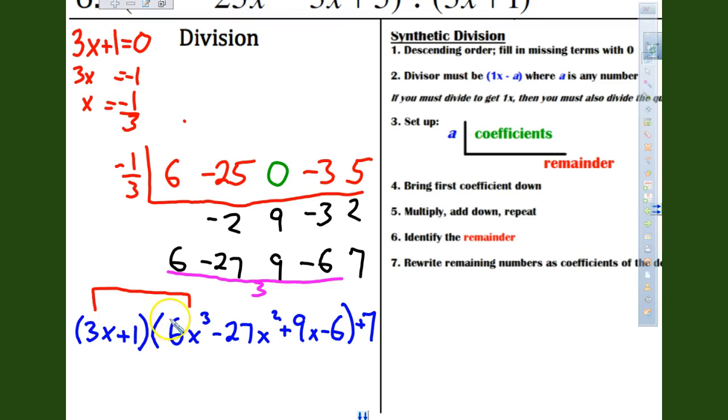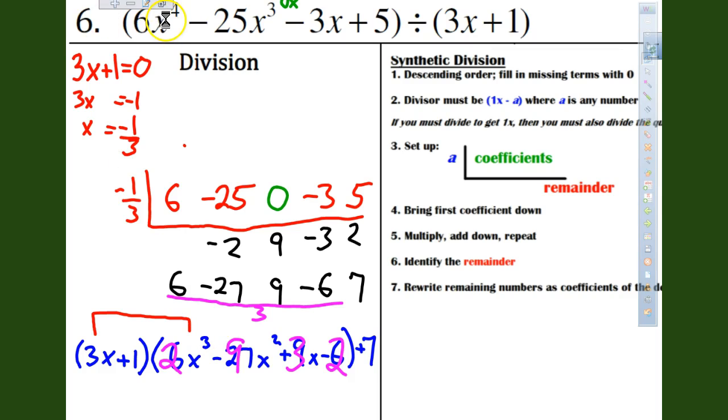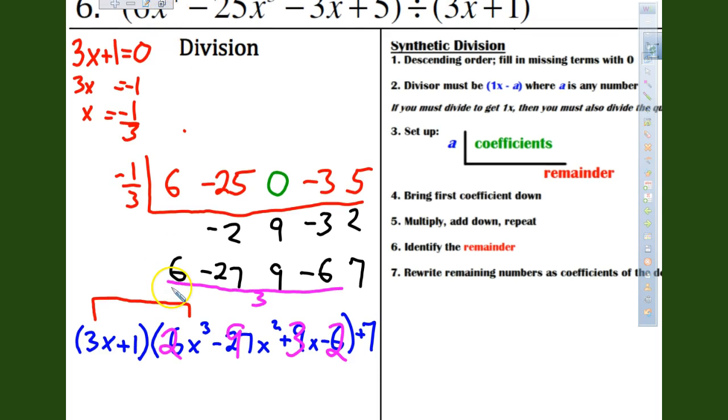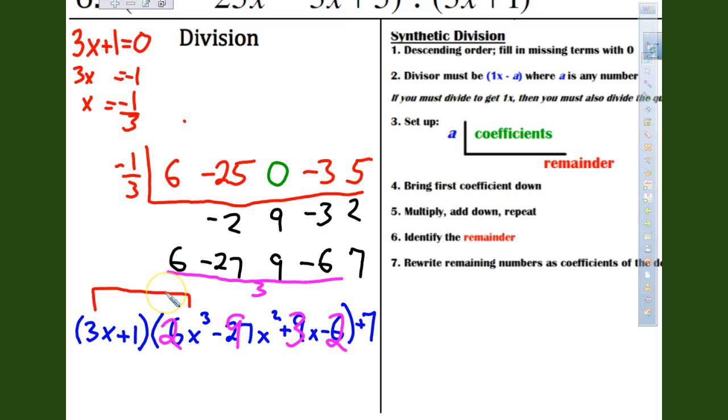So we end up with 2, negative 9, 3, negative 2. And then when you check these two, 3x times 2x to the 3rd does equal the 6x to the 4th. So you know you're on the right track. So please continue to check, but not maybe that thorough check where you multiply everything out.